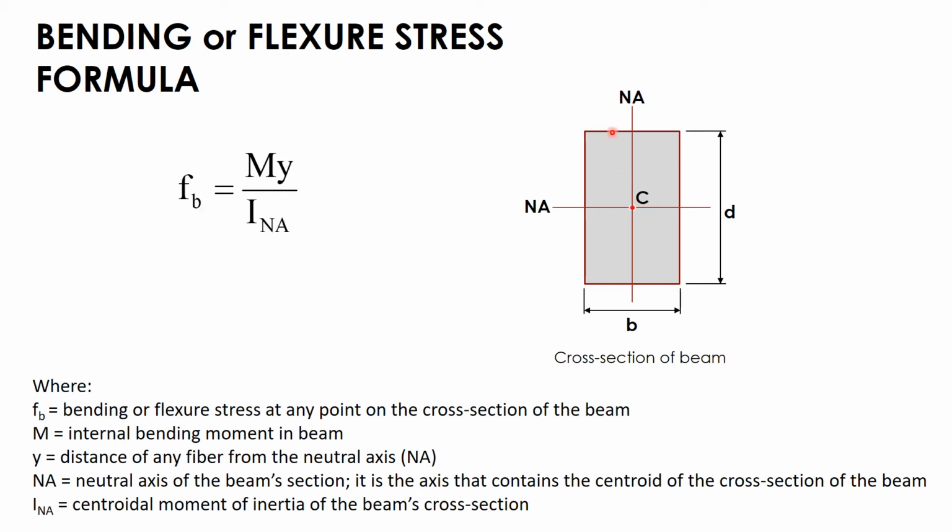Kagaya nitong bending stress, kung dito ka kumukuha ng bending stress, so ibig sabihin yung fiber dito or element dito ang kinukuhanan mo ng bending stress, ang distance niyan from the neutral axis is d over 2. And of course, magiging malaki ang value ng bending stress kasi malaki ang value ng y. Unlike ng shear stress, kung halimbawa, dito ka kumuha ng shear stress sa fiber dito.